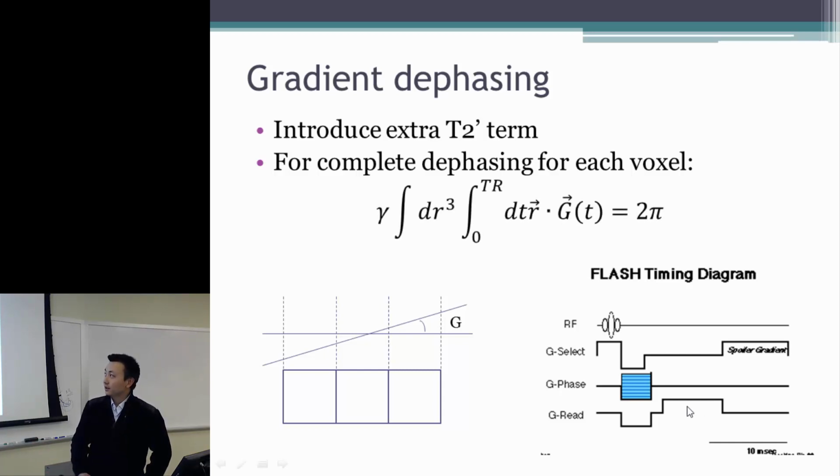To completely dephase the signal from a voxel, the total phase dispersion of the spins in that voxel needs to become 2 pi, so that their vector sum becomes 0, right? This is basically the idea of the flash sequence. The flash sequence uses very strong spoiler gradients after the data acquisition for each TR, so that it totally spoils all the signal.